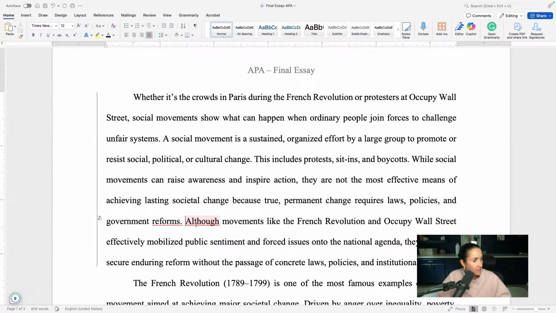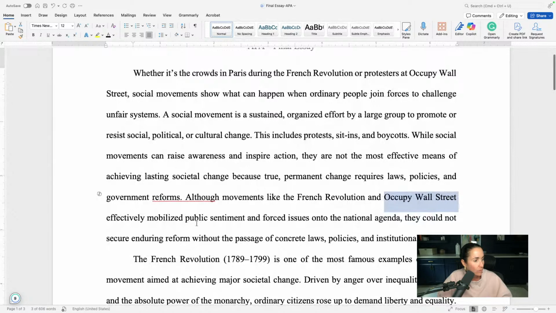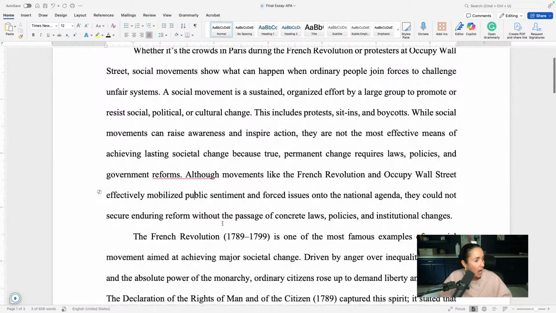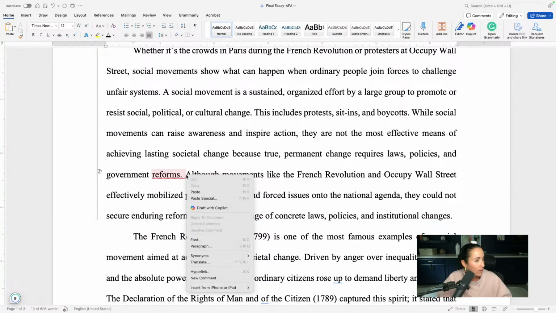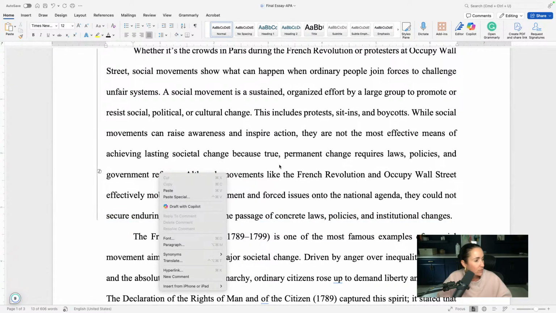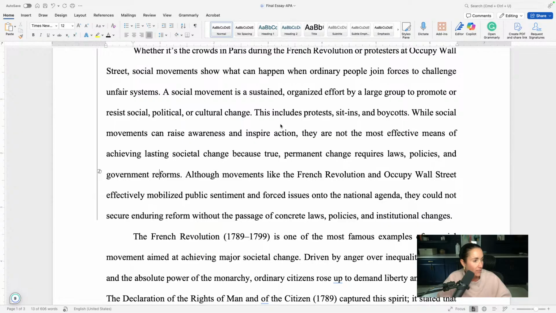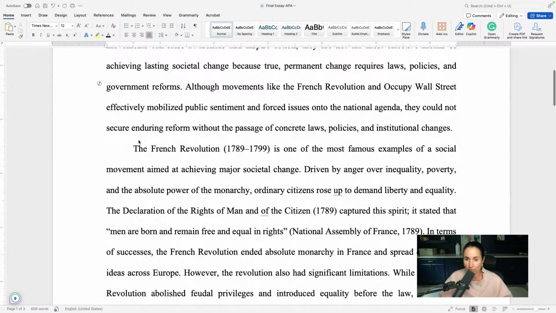And then I say, although movements like the French Revolution, and why am I saying this? Because my next paragraph is going to be the French Revolution, and Occupy Wall Street effectively mobilized public sentiment, they could not secure enduring reform without the passage of laws. So this furthermore reinforces what I'm saying up here that I do not agree. And then I move into the French Revolution.